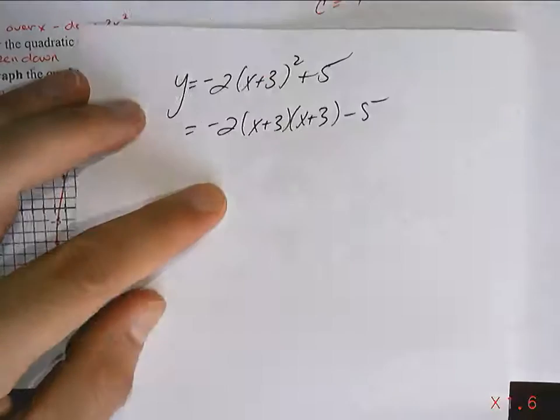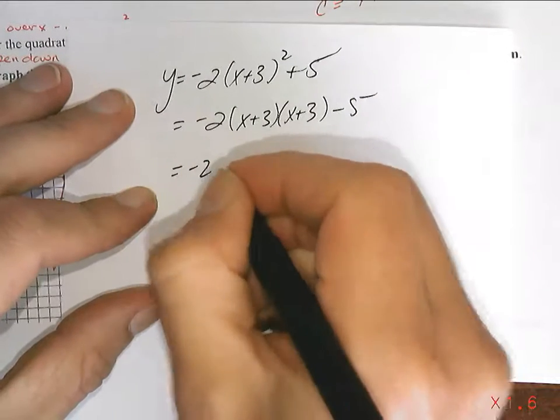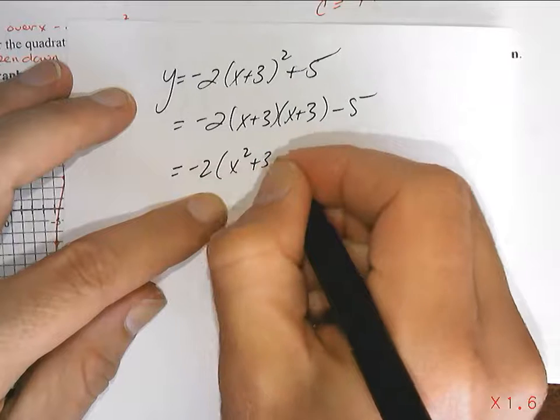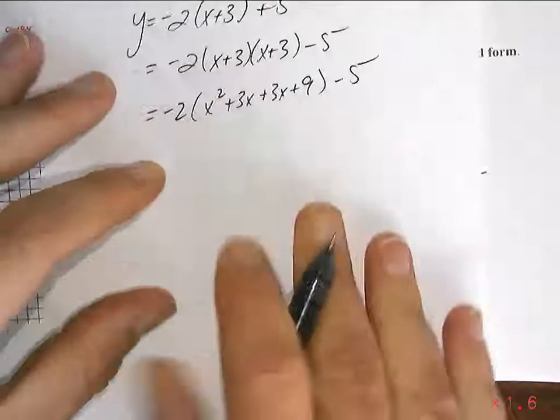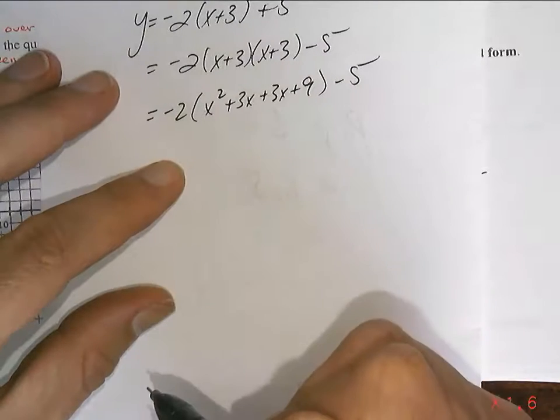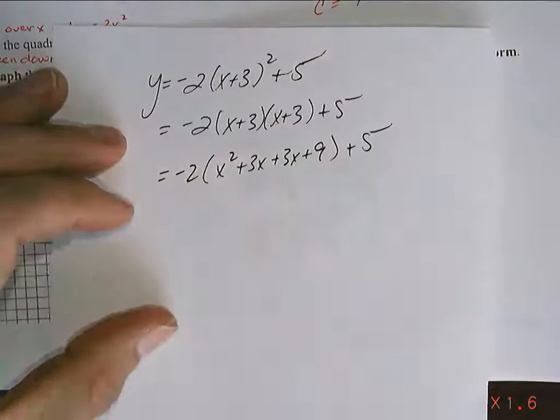And if you chose to, put these two together first and leave the negative 2 on the outside. x squared plus 3x plus 3x plus 9, plus 5. Put these two together. Yeah, is it plus 5 or minus? Plus 5, thank you. I'm glad I have a studio audience.